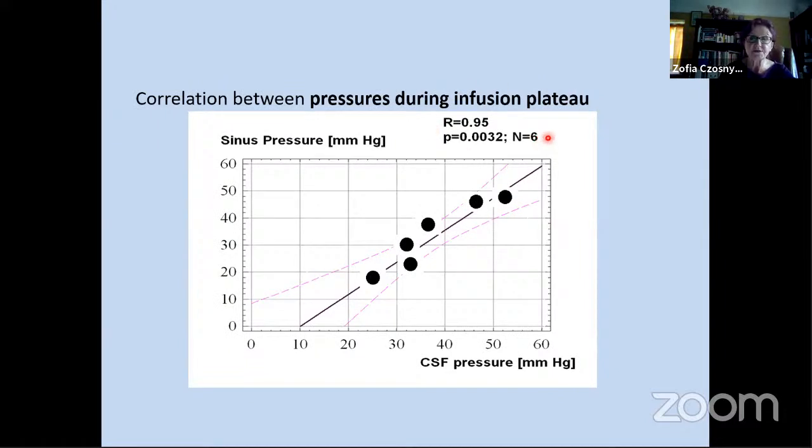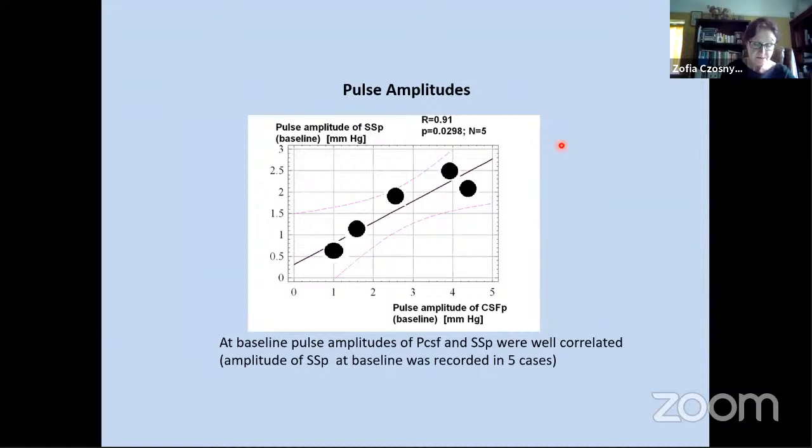Note that the infusion was performed only in 6 patients, because in the remaining 4 the baseline was too high to infuse fluid. And similarly, pulse amplitudes of both signals were highly correlated.